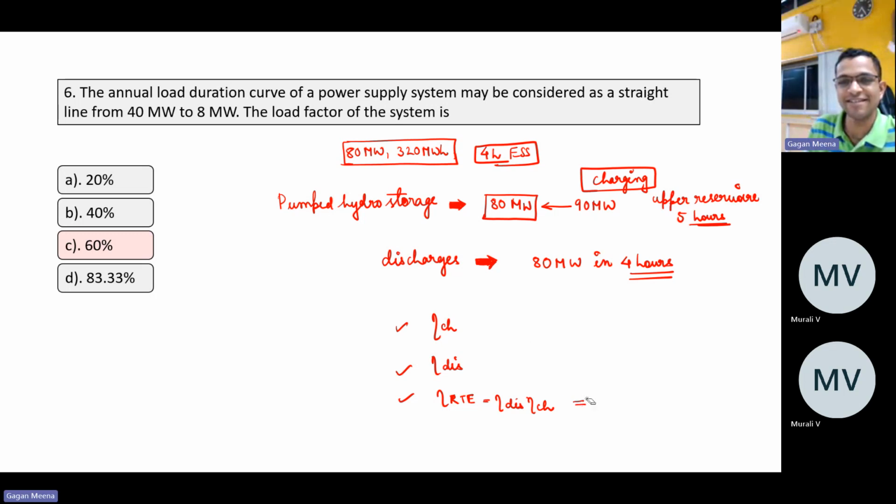That will be the 320, which means 80 into 4. So this is the output, and this is the input, 90 into 5. So output by input will be the overall efficiency.